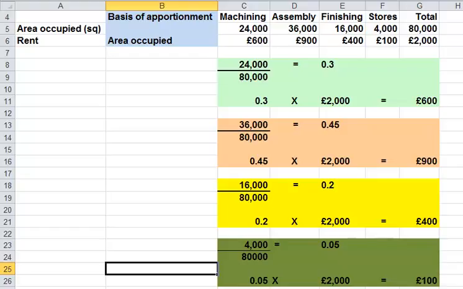If we look at it, there are 80,000 square feet, 24,000 is taken up by machining, therefore they should pay 24 over 80 times 2,000. 24,000 over 80,000 is 0.3 times 2,000, which is 600. So machining is responsible for £600 of the rent, and that's what they should bear. So we've apportioned it on the basis of area.